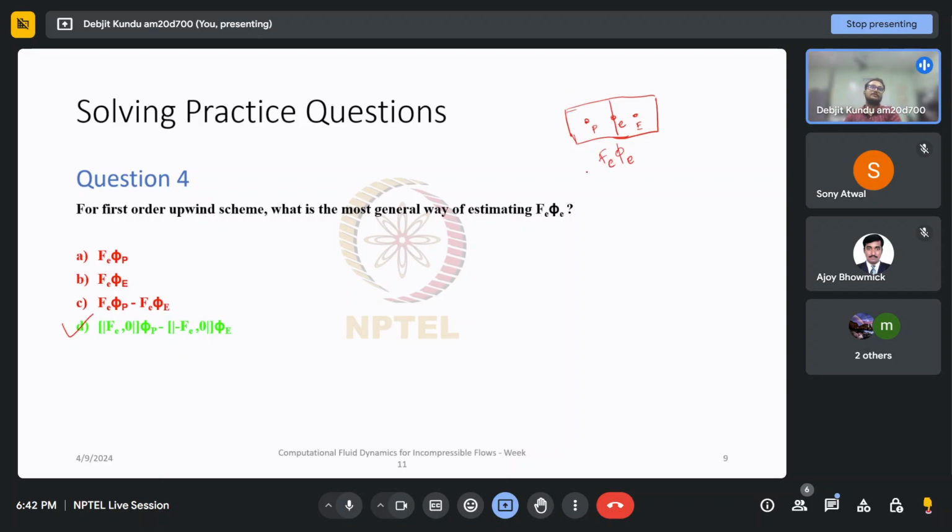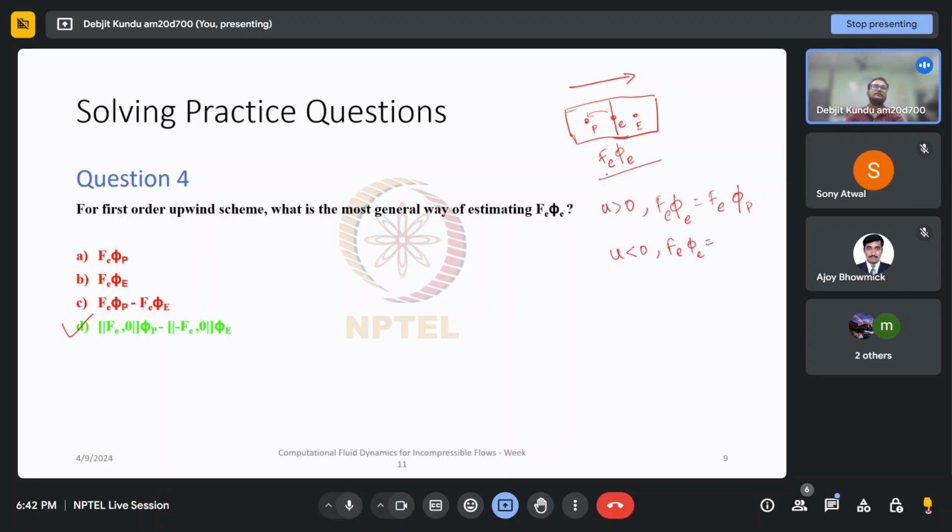So when U is greater than 0, that is flow is from left to right, we pick the upwind point of E. So then Fe phi E would be simply Fe phi P, and if U is less than 0, then we will again pick the upwind point which is on the right side of it.